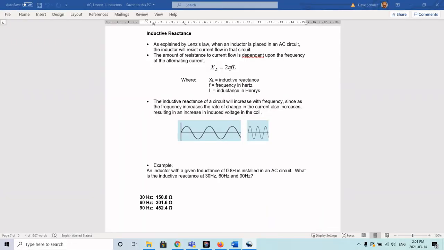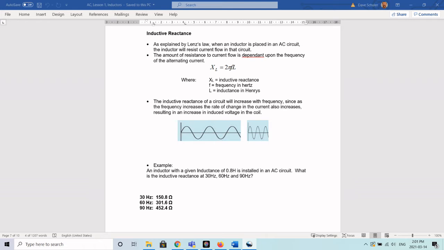So let's try using the equation a couple of times just to see how these numbers work. The example here shows we have an inductor with a given inductance of 0.8 henries. Remember, inductance is expressed in henries, so there's our value for L. It's installed in an AC circuit. What is the inductive reactance at 30, 60, and 90 hertz?